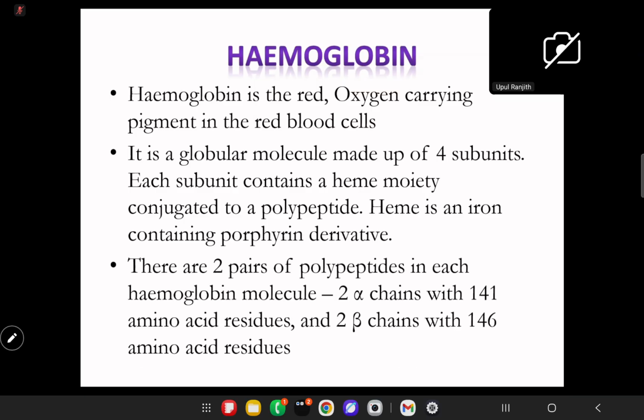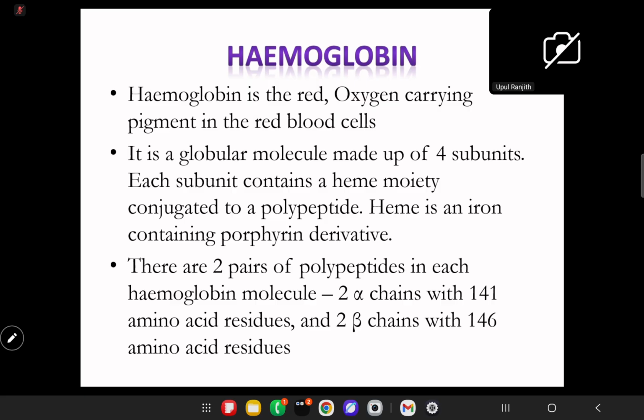So in one hemoglobin molecule there are 4 polypeptide chains and 4 heme molecules. That means each subunit has a heme and a polypeptide chain.